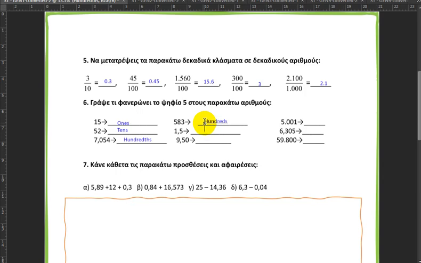Here it's tenths. Here it's tenths again. Here it's thousands. Here it's thousandths. And here it's tens of thousands.